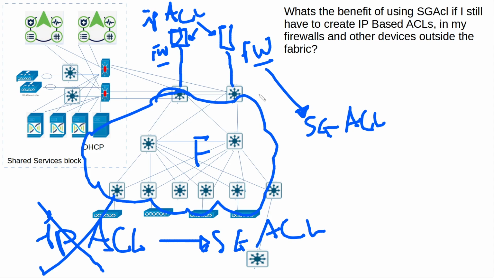And as time goes by, you will start replacing IP access control lists and you will start using scalable group access control lists as your devices that live outside the fabric start to integrate with the fabric.